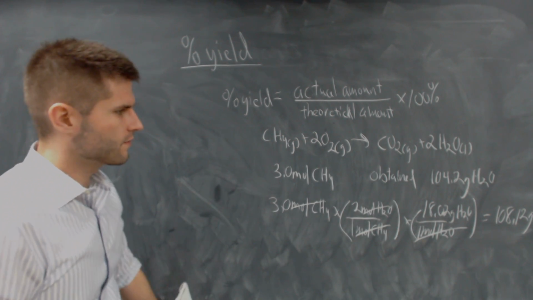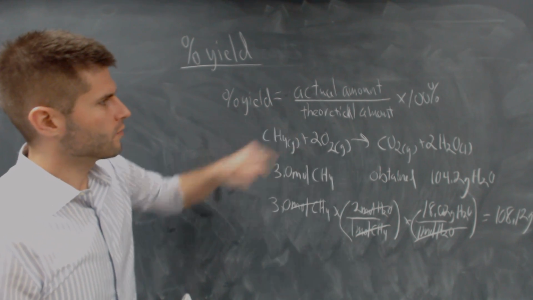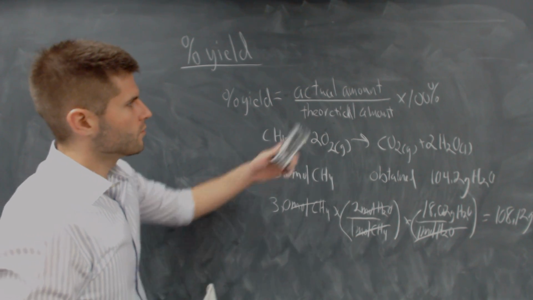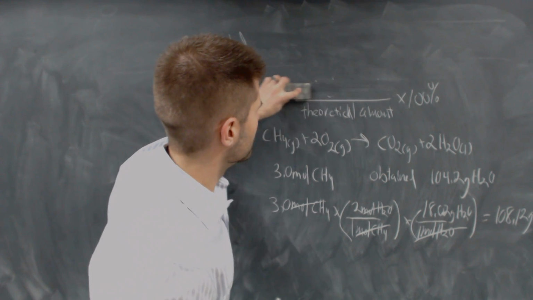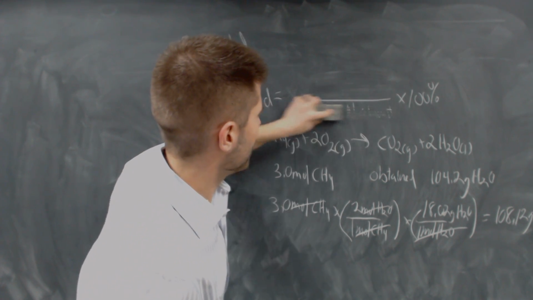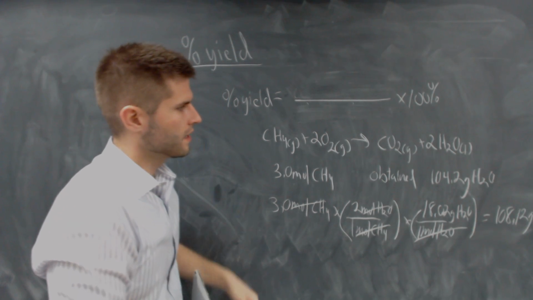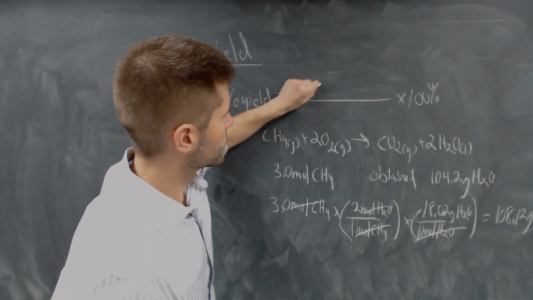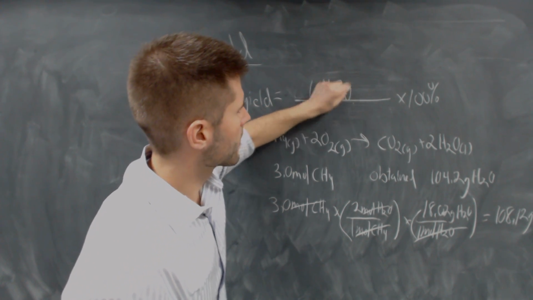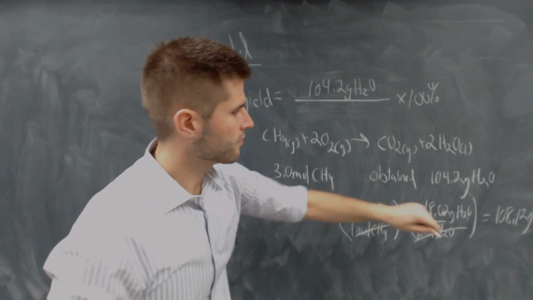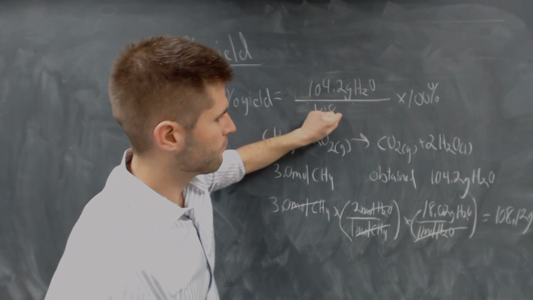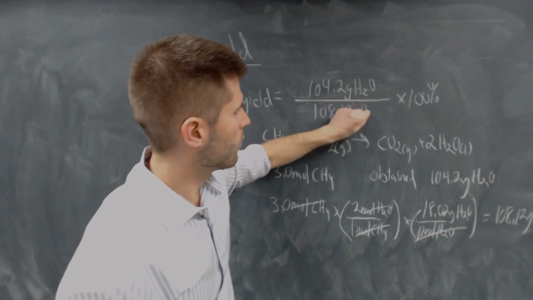So now we have 2 different values. We have our actual amount and we have our theoretical amount. So what we can do is we can plug in our actual amount on the top and our theoretical amount on the bottom. Our actual amount obtained from experiment was 104.2 grams of water. Our theoretical amount was 108.12 grams of water.